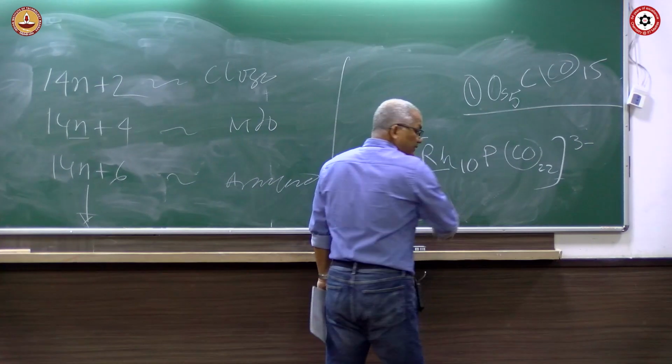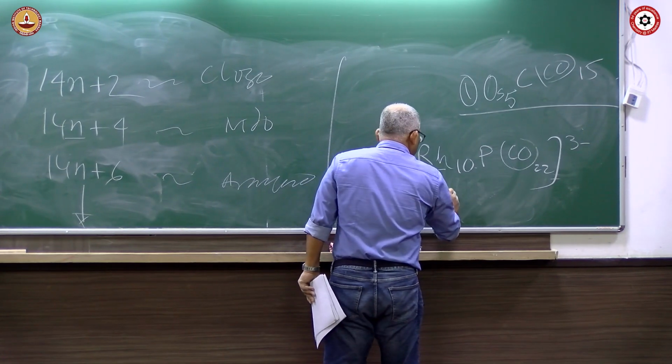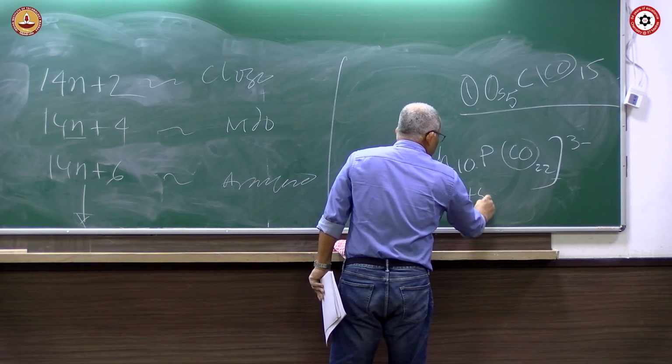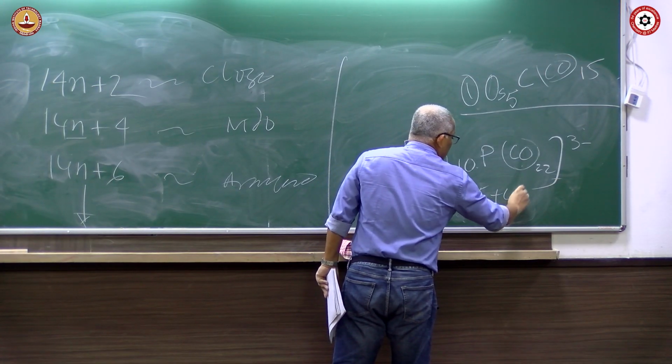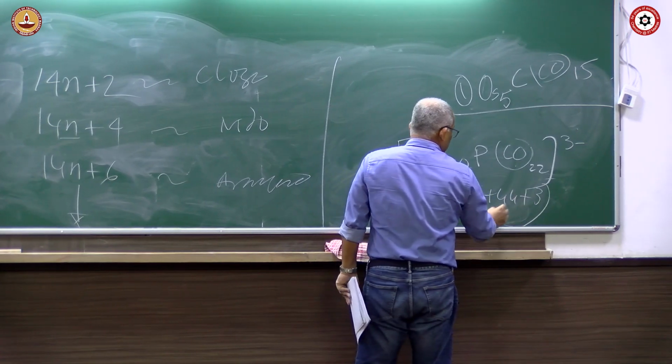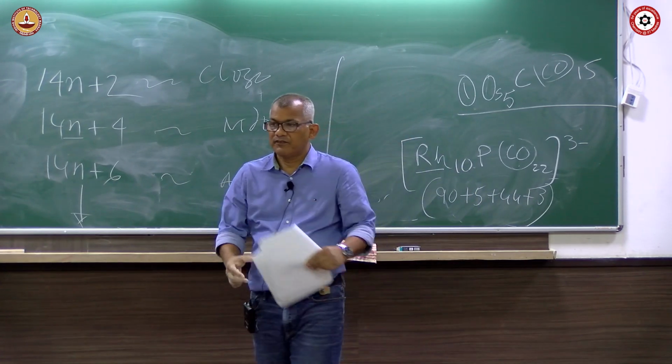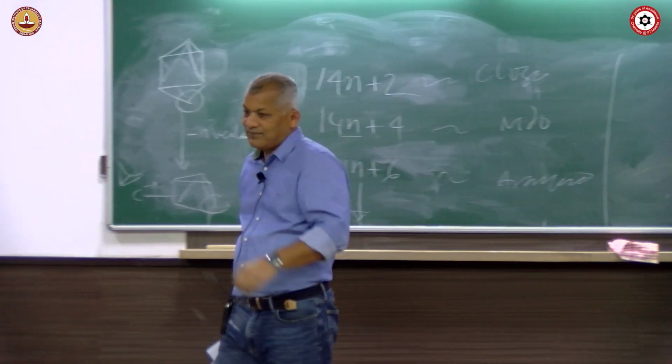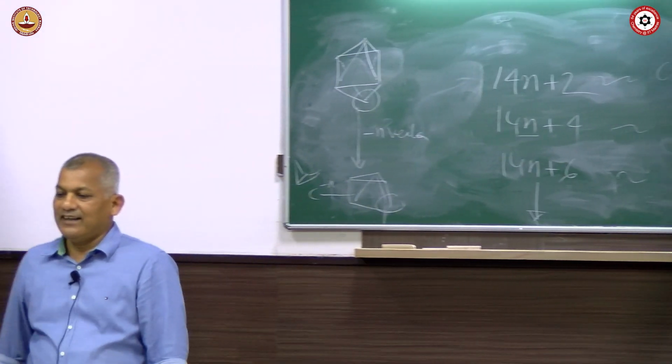Rhodium equal to 9, so 90 plus 5 plus 44 plus 3. Who said closo? Very good, you get a brownie point. But tell me, what is the geometry?